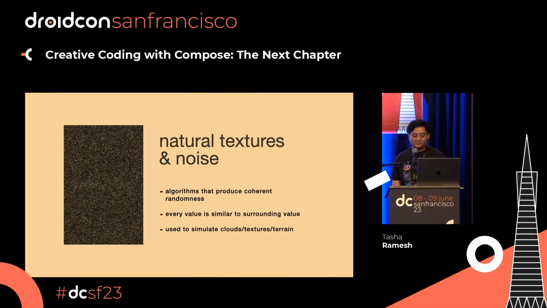Noise functions are large, complex algorithms that I could possibly not go into in this talk, but suffice to say, they produce this coherent randomness, or this smoothened randomness, kind of like TV static, if you can think about that. And with noise functions, every value that you get at any given input is similar to the surrounding value. So that's why you see this uniformity, even though it looks a little messy. And noise functions are used a lot in generative art, in graphics processing, gaming, CGI, to create or simulate clouds, textures, terrain, things like that.